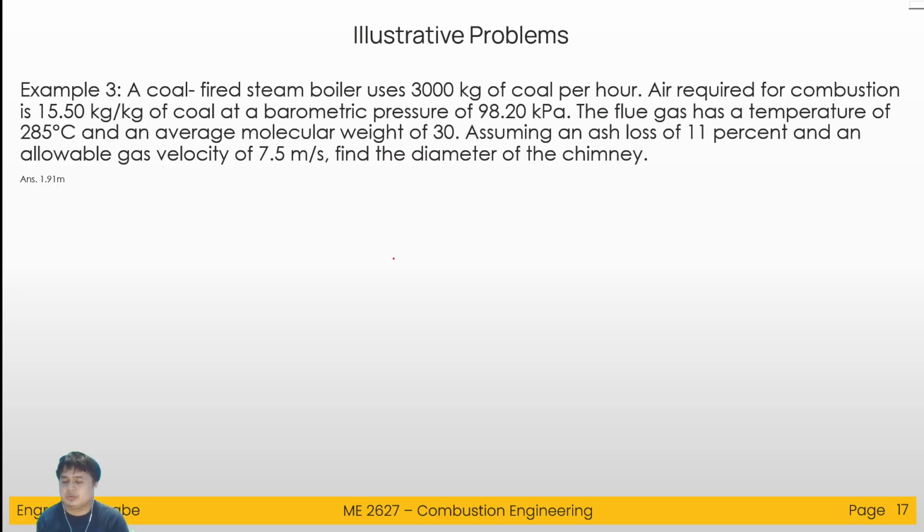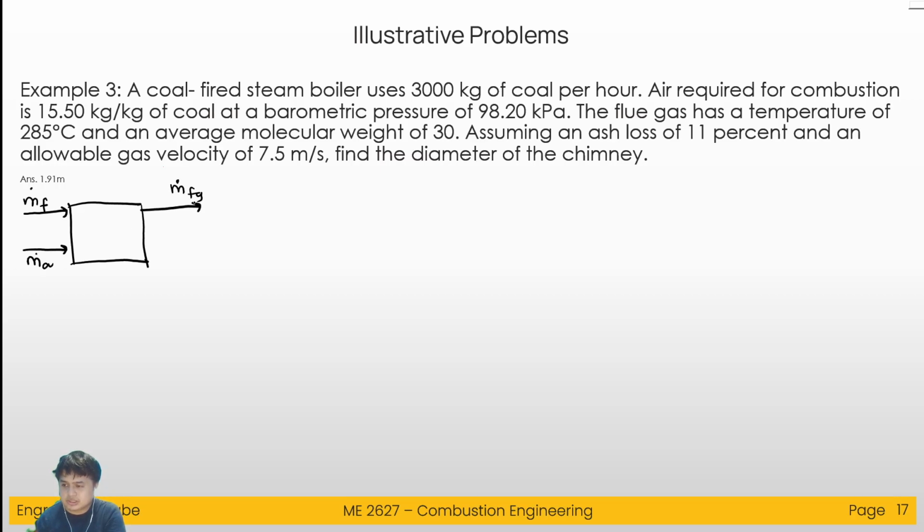Okay, so we don't have anything to balance, so everything is in terms of mass already. You can imagine your combustion chamber to have an input of the mass of the fuel, and then you have the input which is the mass of the air, and then the flue gas, the gaseous products.